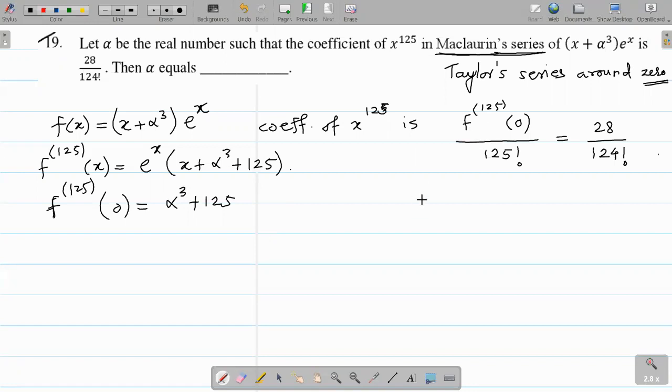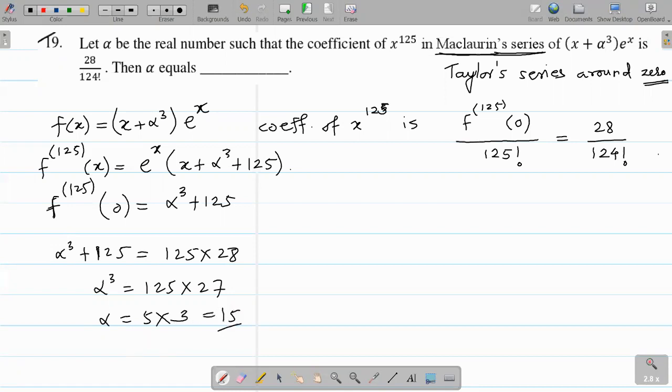So put that over here, simplify and get alpha. So, bit easy.